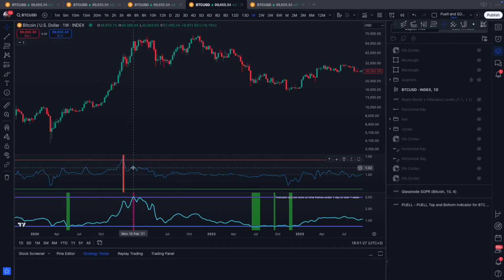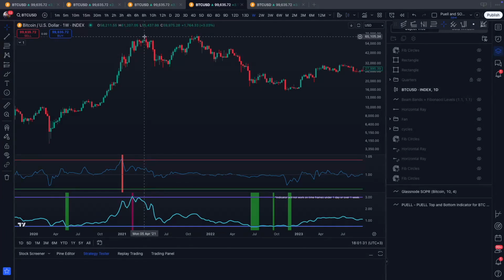The next time Bitcoin made its all-time high, which was around April of 2021, there weren't as many coins going to exchanges. You might think that's bullish, but probably a lot of them were sold earlier on anyway. It created a divergence between price and the SOPR. The majority were sold there.